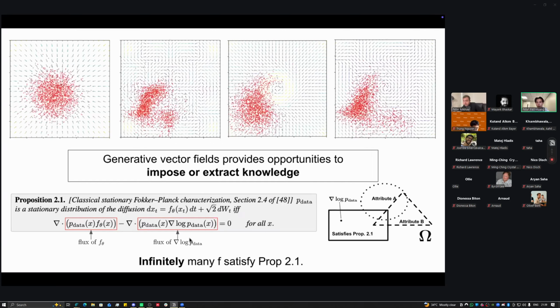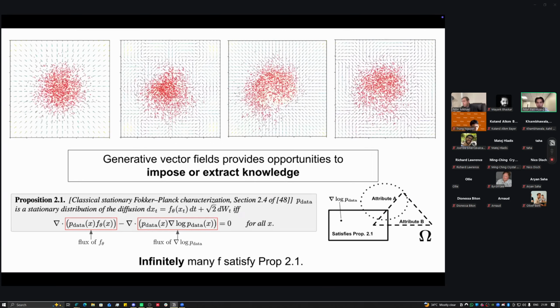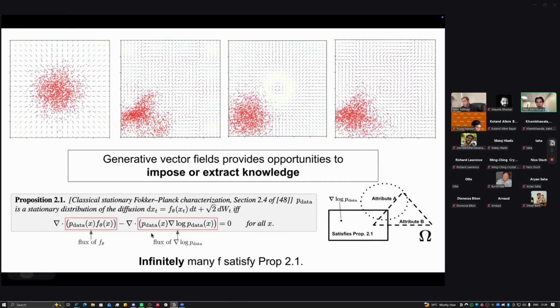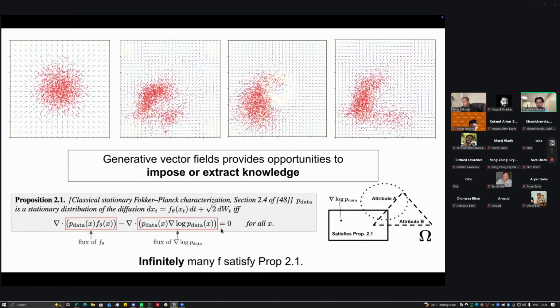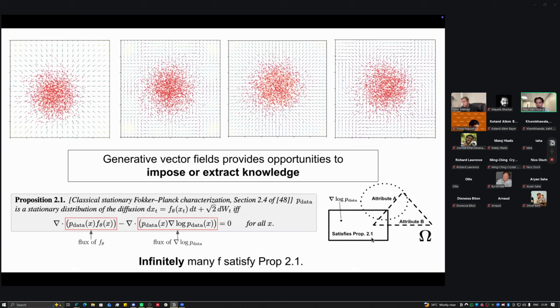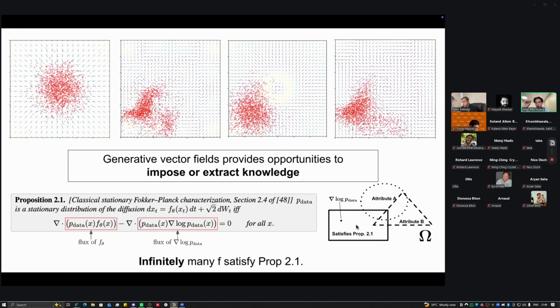The core thing I want to note here is that infinitely many f_thetas satisfy this condition, or satisfy proposition 2.1. Pictorially, on the right-hand side where my cursor is, a single point in the space is a vector field.